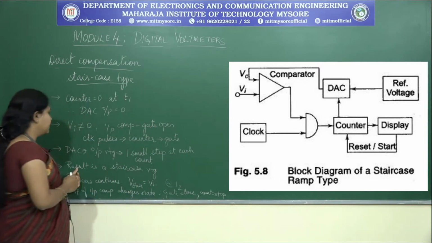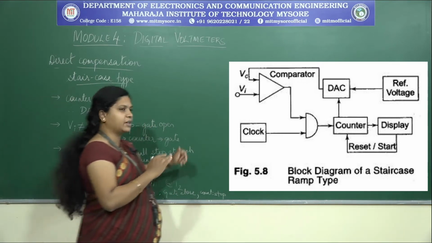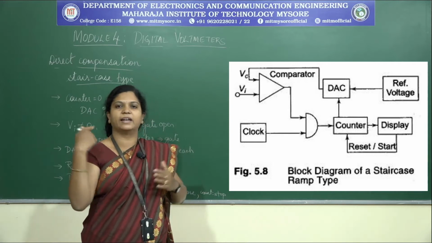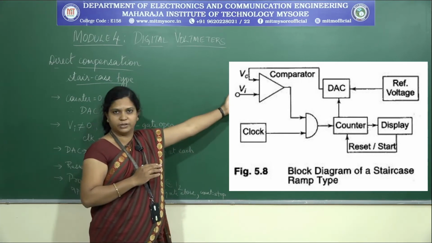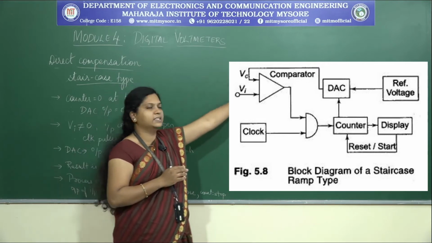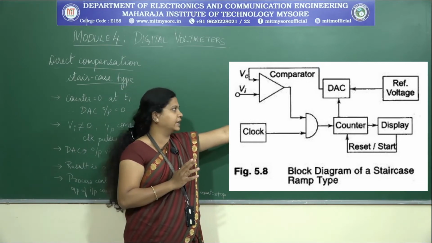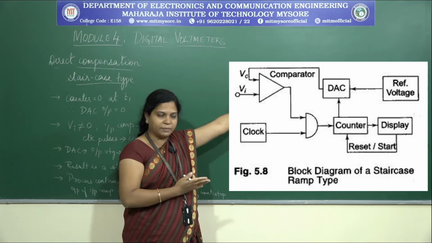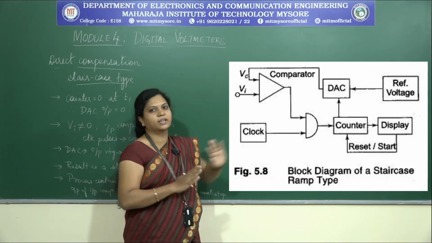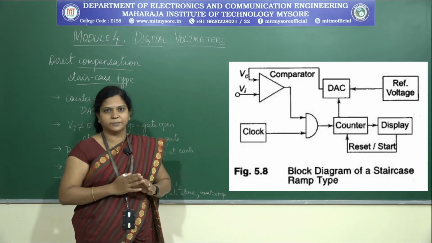Next, the result we obtain from this type of direct compensation: we give the voltage to the input comparator, which directly makes use of the gate. Depending on the state of the output of the input comparator, we check for the change of state.